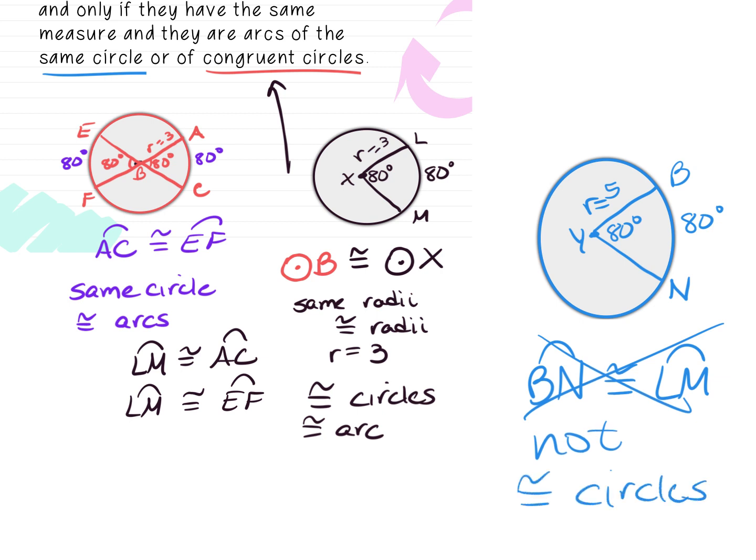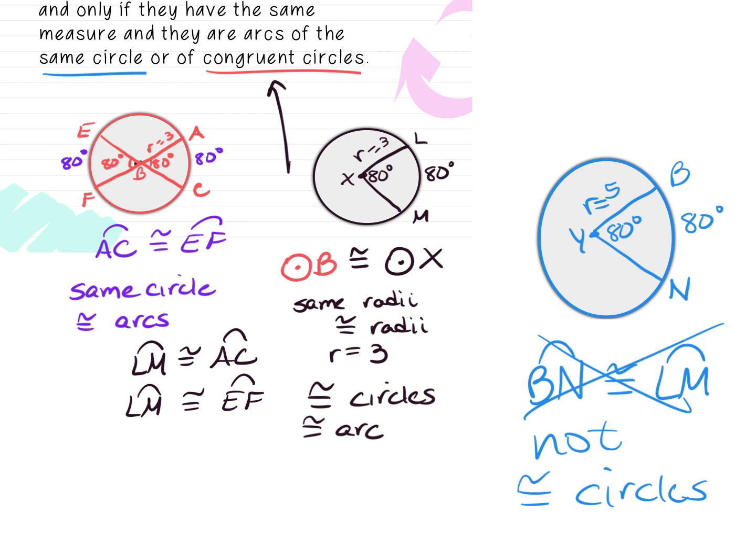Even though they have the same arc measure, because they're not from congruent circles, those arc measures are not congruent. Because that's a different radius. Correct. Because our radius lengths are different, these circles are not congruent, so these arc measures would not be congruent.